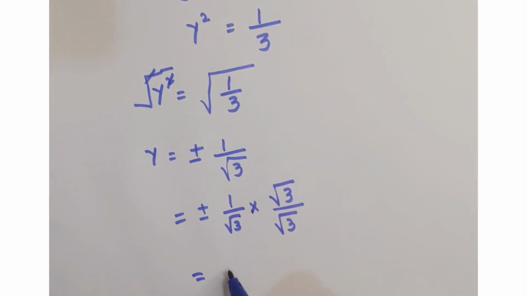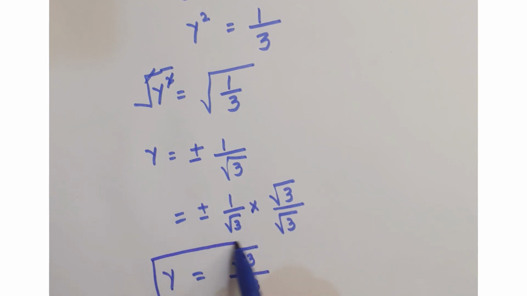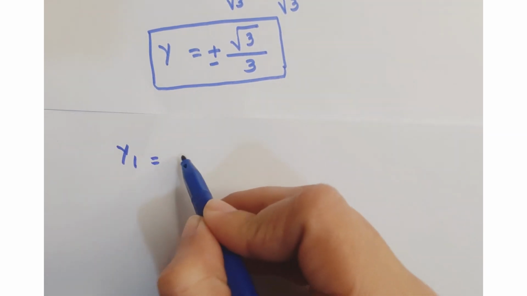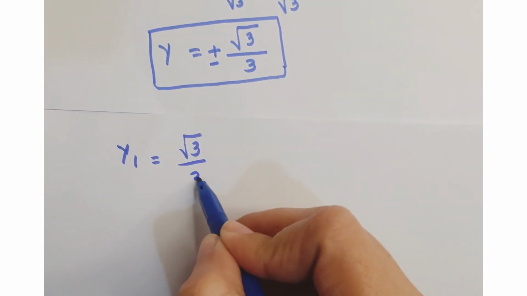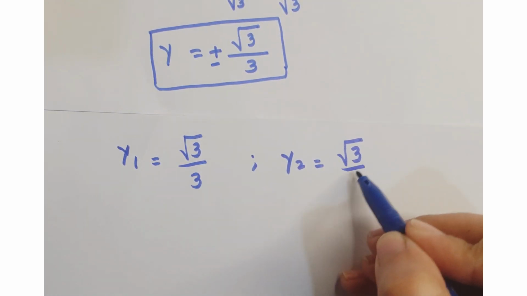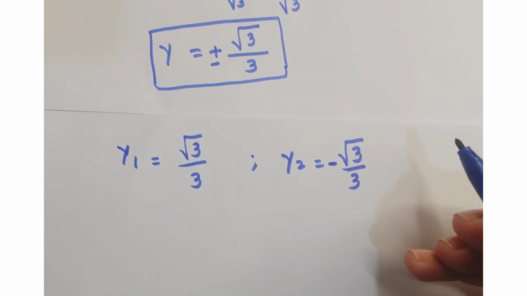So we get here under root 3 upon 3. Now we have two solutions of y. Now y1 is under root 3 upon 3 and y2 is under root 3 upon 3 with a negative sign.